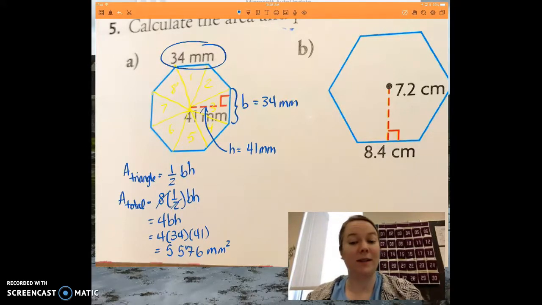See, that's really not very complicated. You just have to remember that we're dividing them into even triangles of the exact same size, and then all we need are 2 measurements.